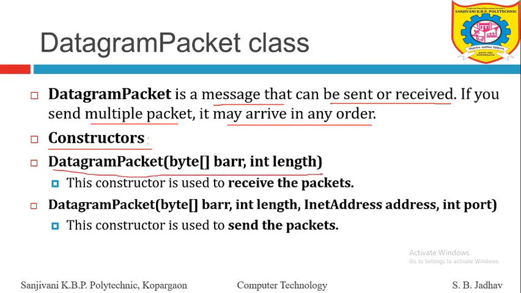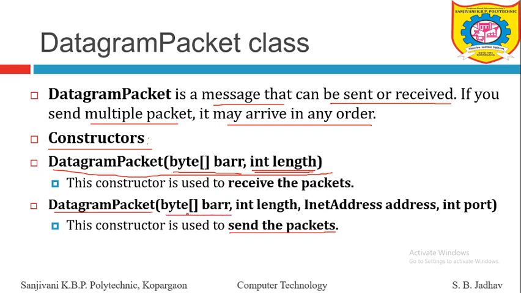As can be seen from the list over here, the first constructor is used to receive the packets, and it accepts two parameters. First is of type byte array, and second is integer length that we want to receive. The second constructor is generally used to send the packets, and it has four different parameters.